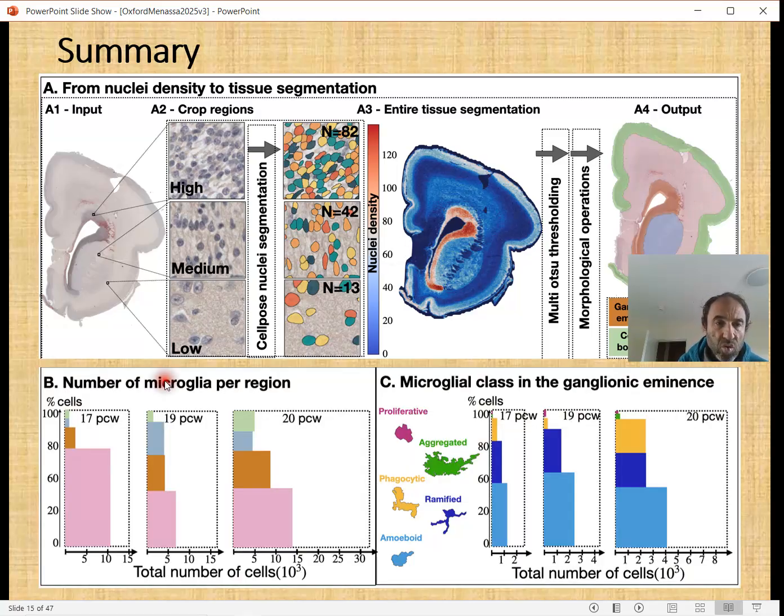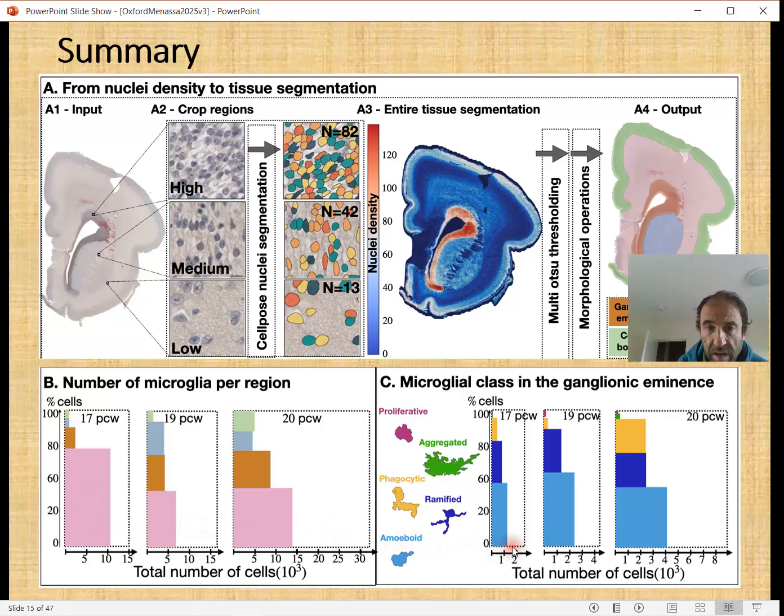And then you can use the machine learning algorithm to segment the microglia into these 5 states, and look at the number of microglia per different region that I showed you above, and again get some very specific statistics.